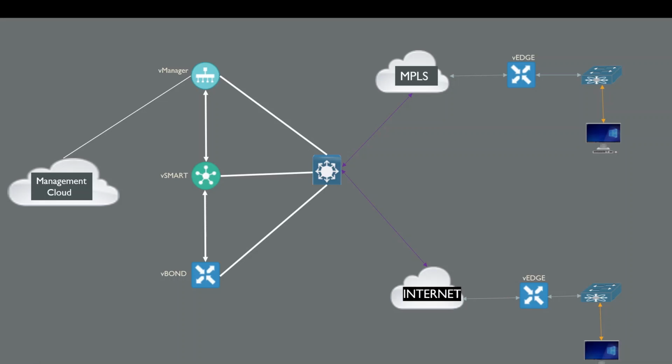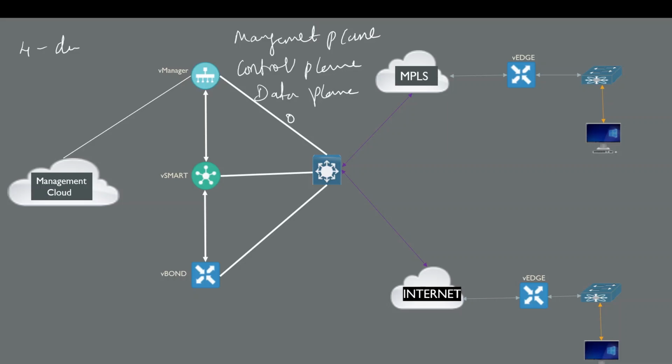Okay, once you upload the image to the EVNG server, then we'll be adding our vManager, vSmart, vBond and vEdge devices. As you are all aware, there are 4 setup devices. One is the management plane, control plane, data plane, and the orchestration.